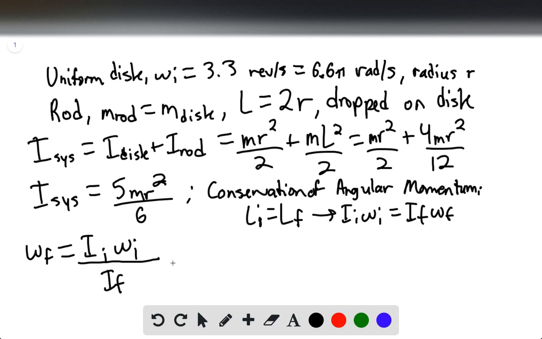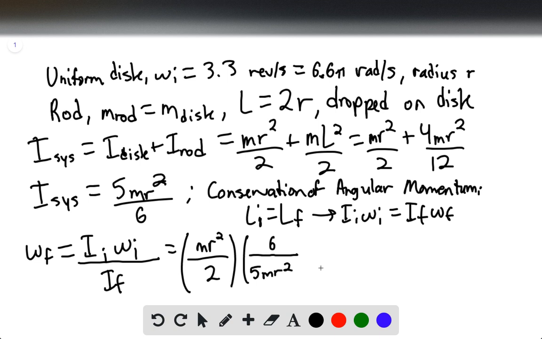And here we're going to have I initial will simply be mr squared over 2. I final will simply be 6 over 5 mr squared, and then omega initial will simply be 3.3.